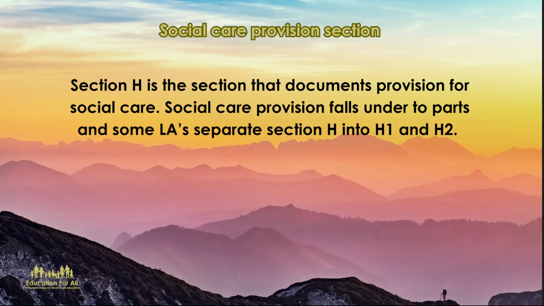That falls under the Chronically Sick and Disabled Persons Act 1970. So anybody under 18 that has special educational social care provision, that would fall under the Chronically Sick and Disabled Persons Act 1970, and if your local authority separates it between H1 and H2, it would be under H1.